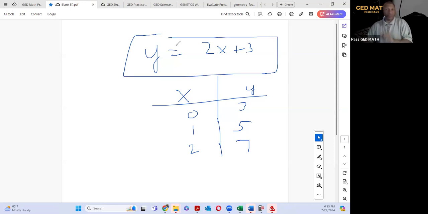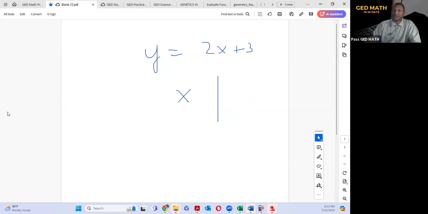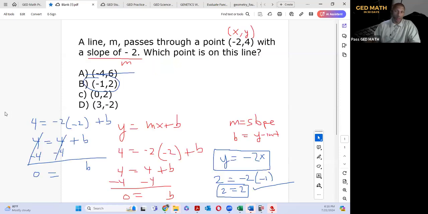But in the example that we just saw, you didn't know the equation of the line. So you had to use that point and use that slope to find the equation of the line first. I can almost guarantee you will see that type of question where they give you the slope and a point to find the equation of the line. I don't know if they're going to ask if a point is on that line like this question does.